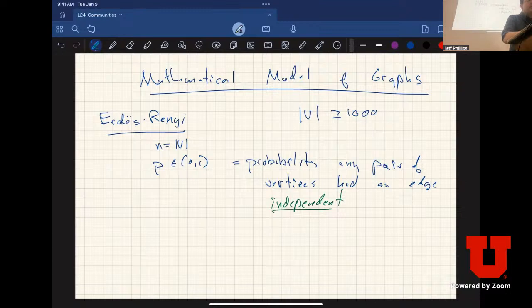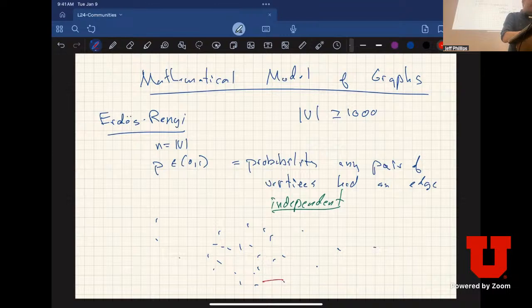Okay, they studied this where the probability of an edge between two vertices was independent. And then there's a lot of cool mathematics that happens. And so you get a very large set of these vertices you can deal with and try and study what happened. And then they would say, let's gradually increase the value p, right?